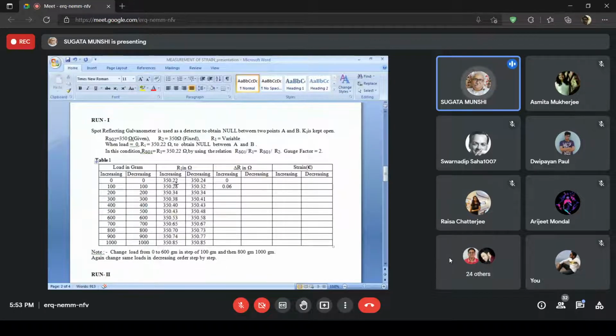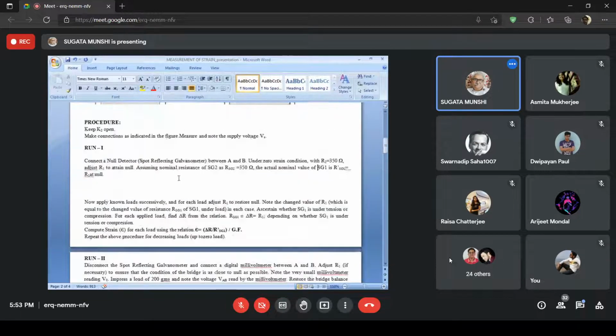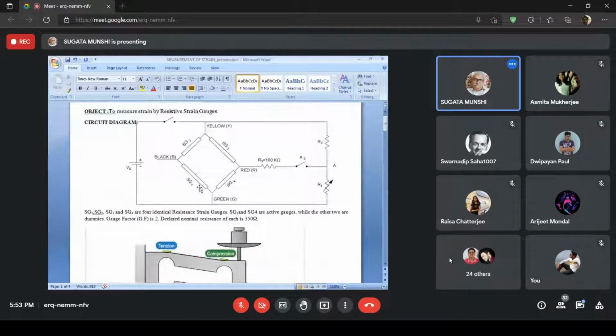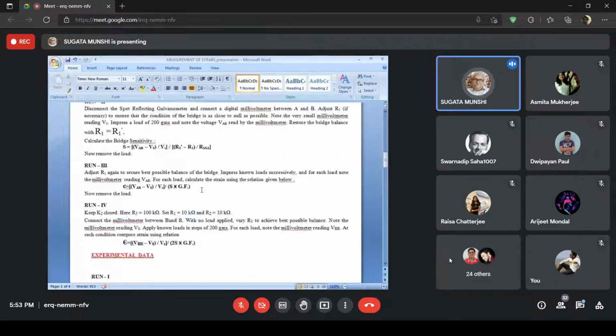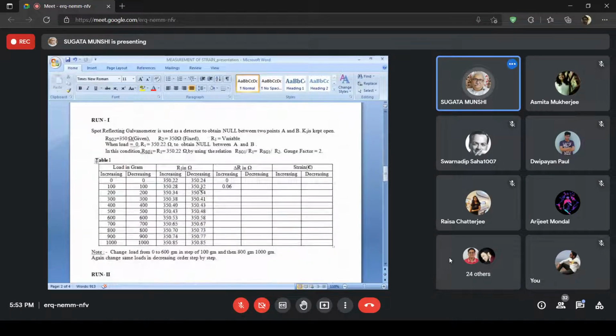That means the resistance of SG1 also increases with applied load. Because it's a metal alloy gauge, with the impressed load the resistance value changes, so SG1 is under tension.